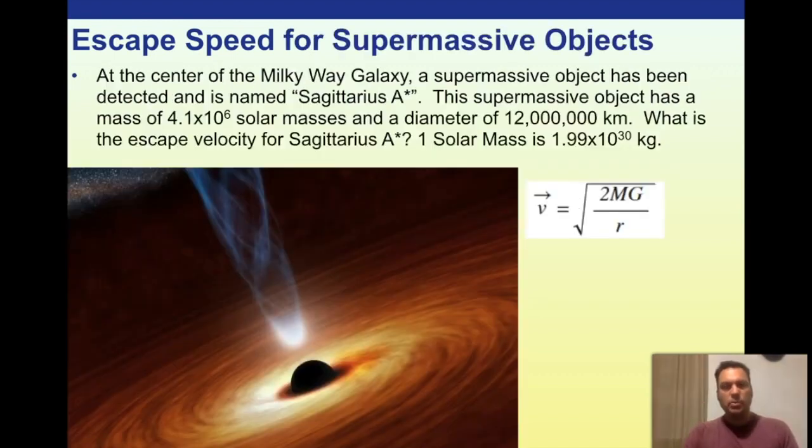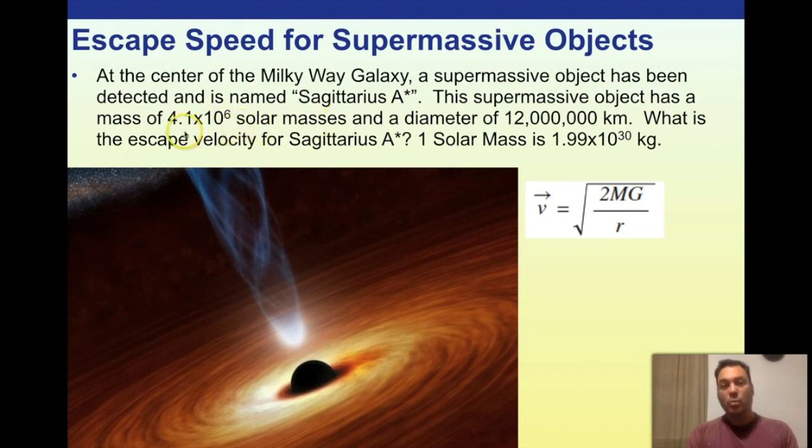One of the coolest ways to study escape speed, we could look at the Earth, we could look at the Sun, but the coolest way to look at it is to look at these supermassive objects that happen to exist in space. So let's look at, for example, this supermassive object at the center of the Milky Way galaxy, a big object called Sagittarius A. This supermassive object has a mass of 4.1 times 10 to the 6th solar masses.